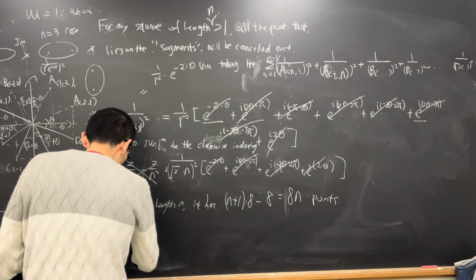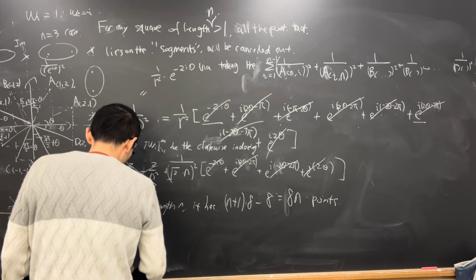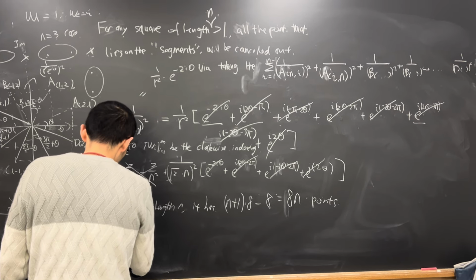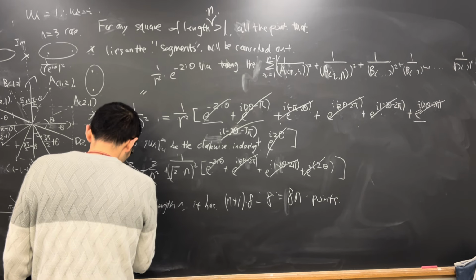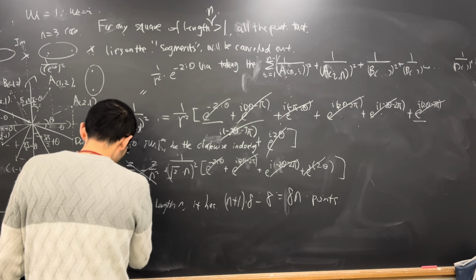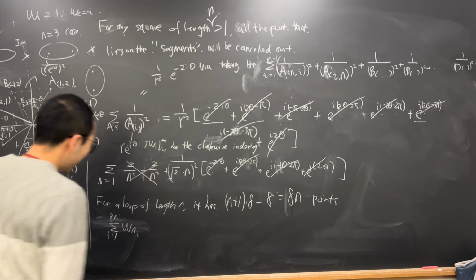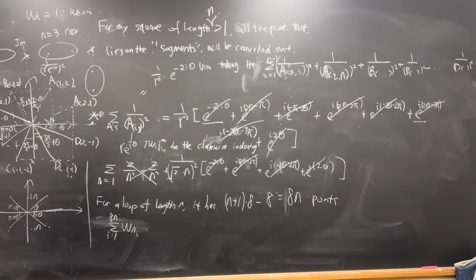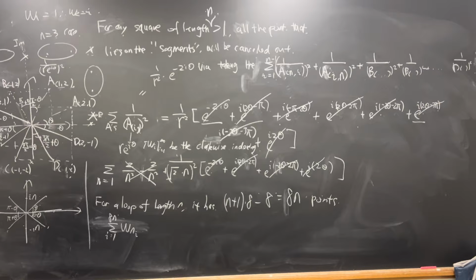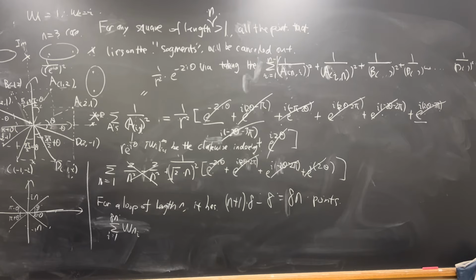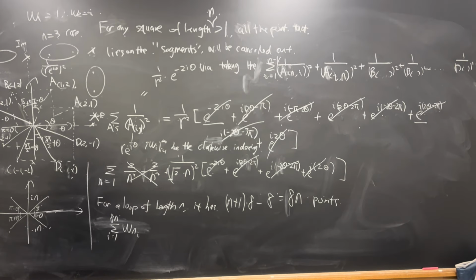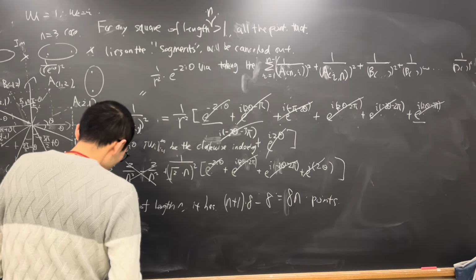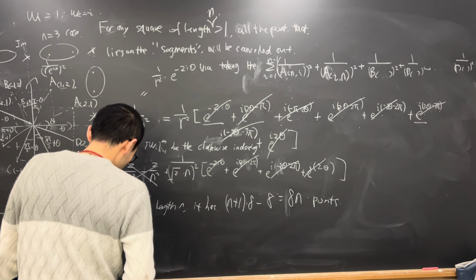Maybe I use the notation omega n i, with i from 1 to 8n. Because there are totally 8n points on the loop of this n, I'll say it goes from 1 to 8n. Exactly 8n points. Maybe I'm abusing some notation.